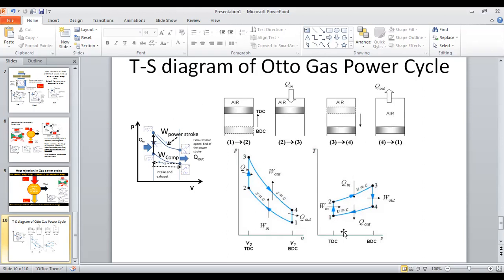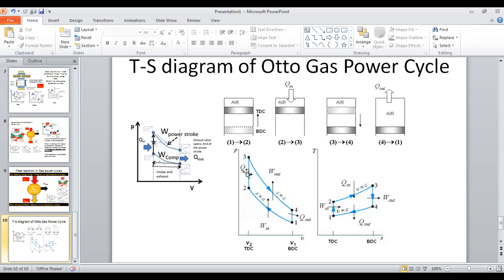After that, you have constant volume heat addition. See, pressure rises from 1 to 2 during compression, so at 2 there is higher pressure. When heat is added by means of combustion due to spark, okay, so with the spark ignition, you can see the pressure rise at constant volume.